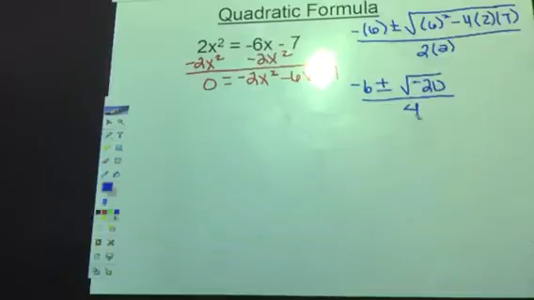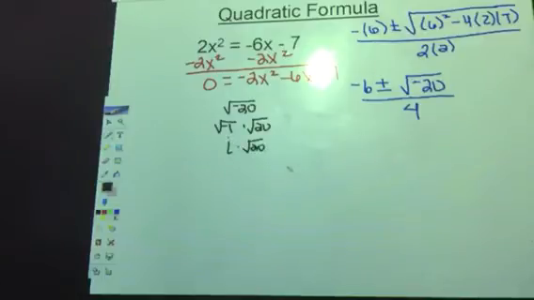Okay? Again, you cannot have a negative here under the radical. So we're going to have to get rid of that using the lesson that we just learned for complex solutions. Okay? So you can break it down. Let me do some side work over here. When you break down negative 20, this is negative 1 times the square root of 20, which is i times the square root of 20.